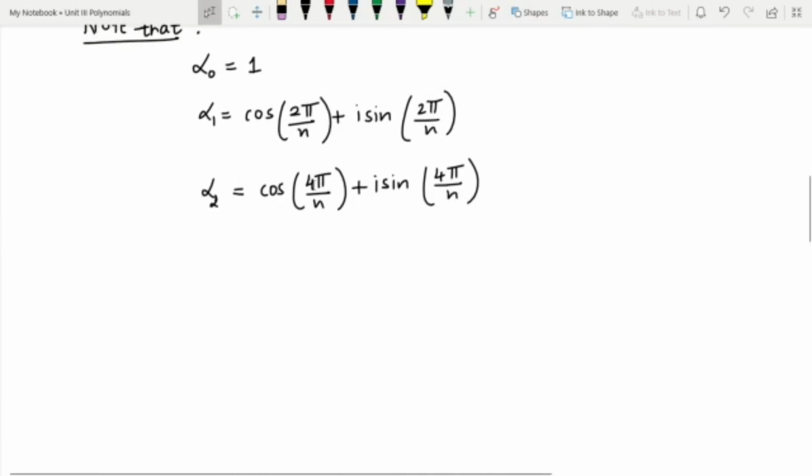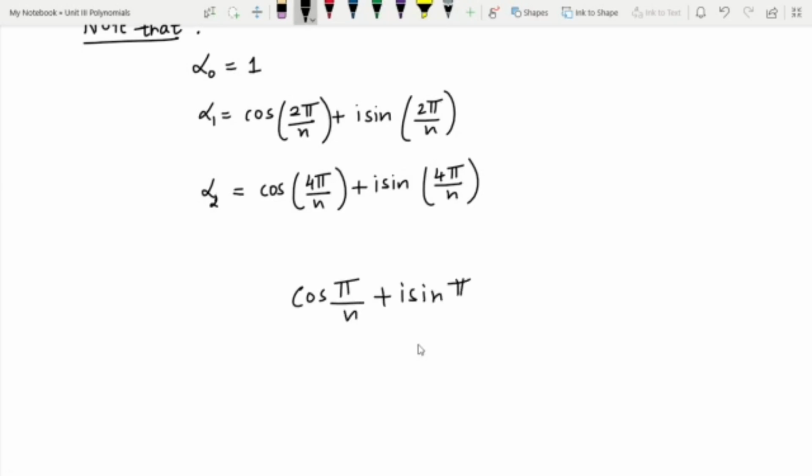Here we have 4 pi, so we have to use De Moivre's theorem. We can take this 4 out to the power, writing it as cos of pi by n plus i sin pi by n raised to 4. But this doesn't give me anything special.